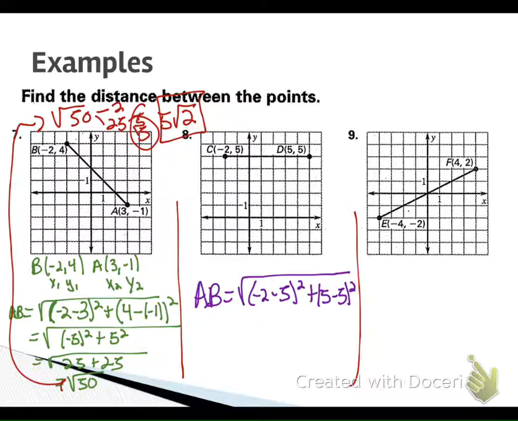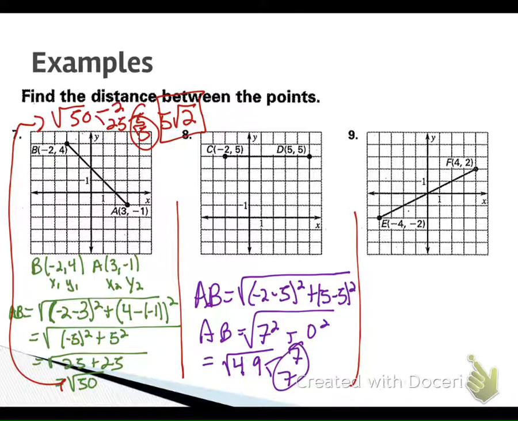Okay, what did you get for -2 minus 5? 7. So you have 7 squared. What did you get for 5 minus 5? Yep. So you end up with the square root of 49. Factors of 49. 7 and 7. Our answer is 7.